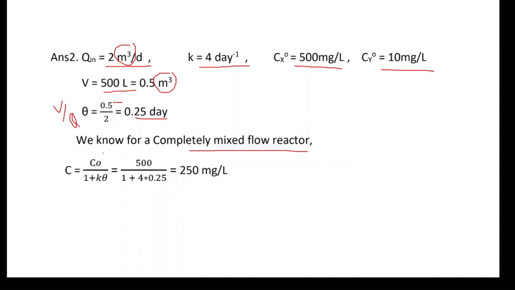Okay, in this question we are talking about just X. So later you can calculate Y on your own, but here we are calculating just X. So be very careful when this question comes in exam, because when they are asking X, then you have to specifically mention X. C naught upon 1 plus K theta. Simply you are putting and you will get the result. Okay, note this down. We'll move forward to the next one.